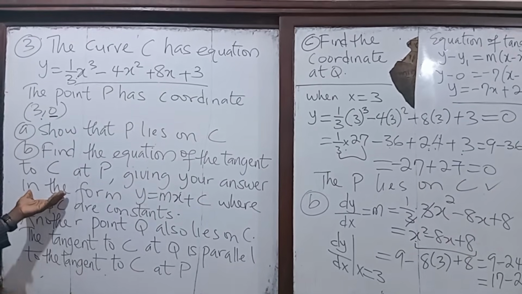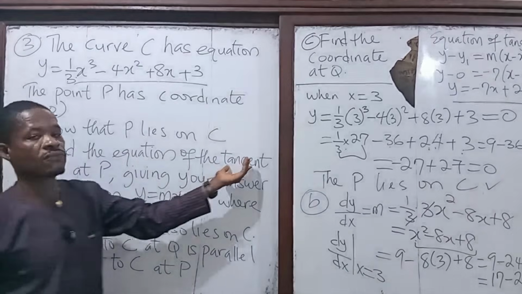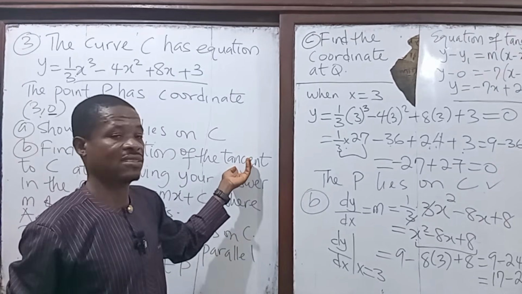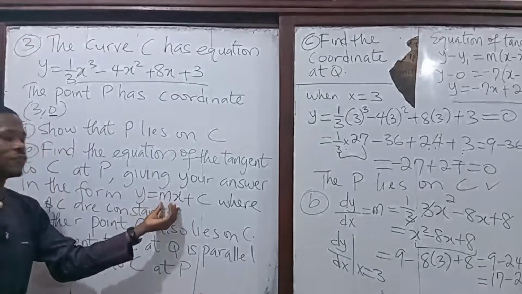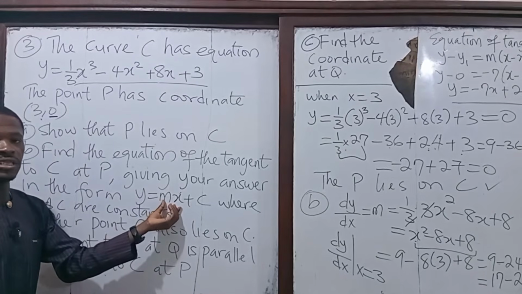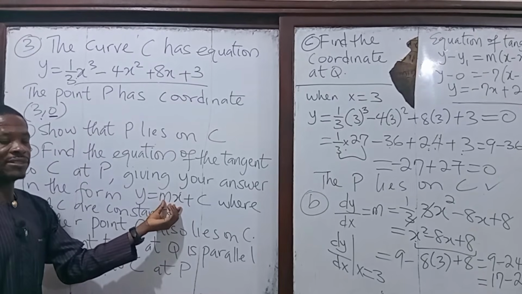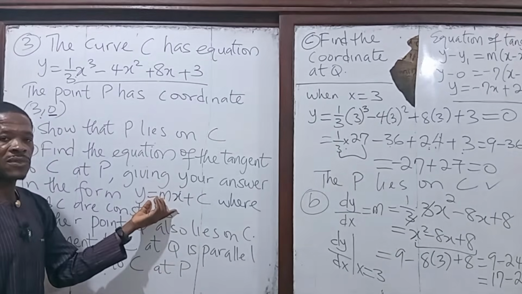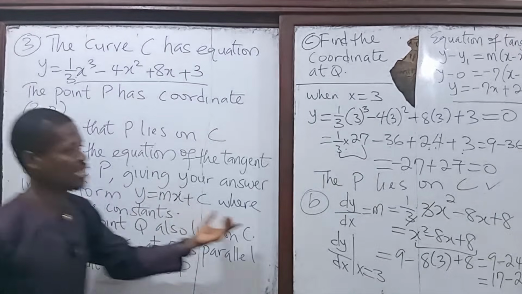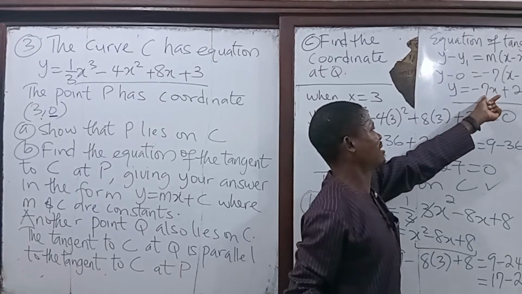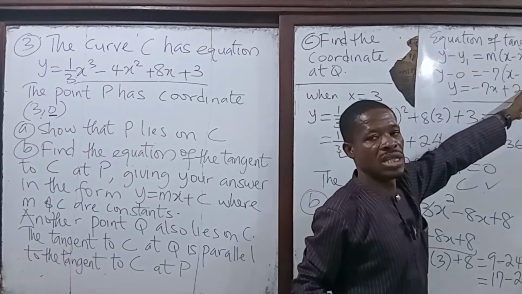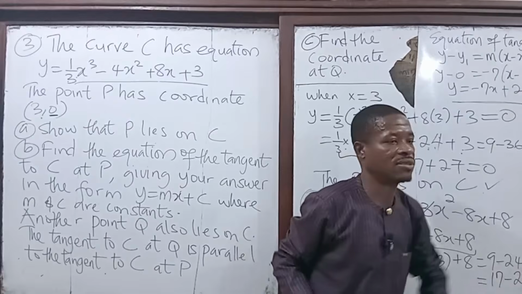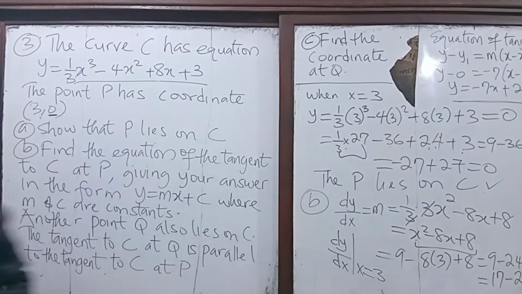That is the equation of the tangent, in the slope intercept form, mx plus c. You can see my m is minus 7, my c is 21, that's the y intercept. So that one is done.